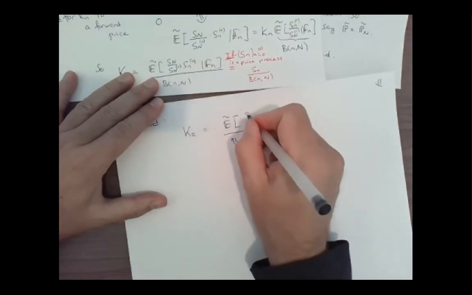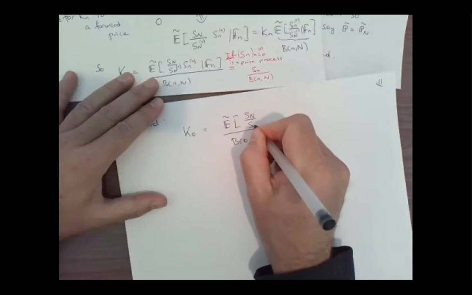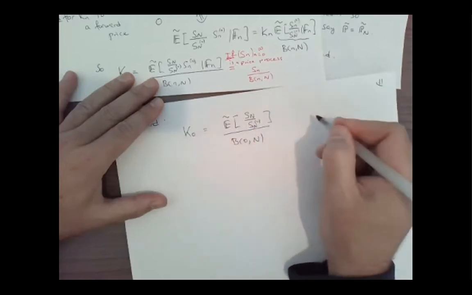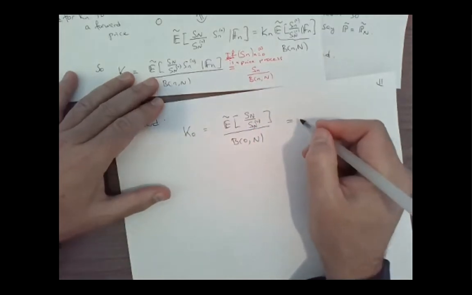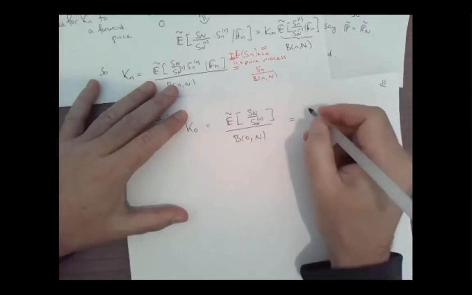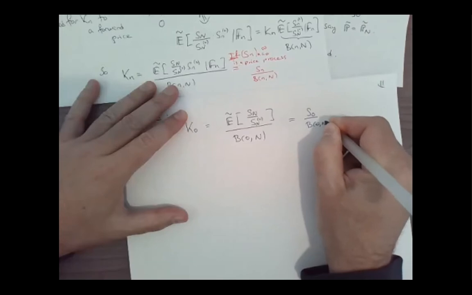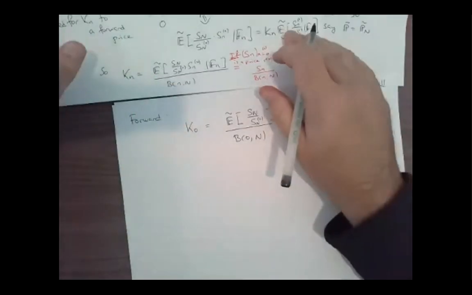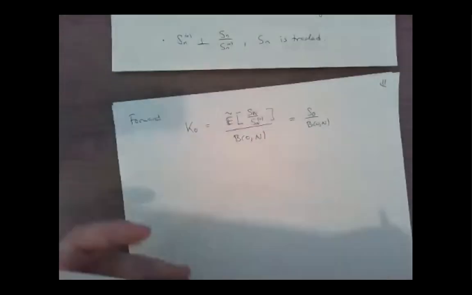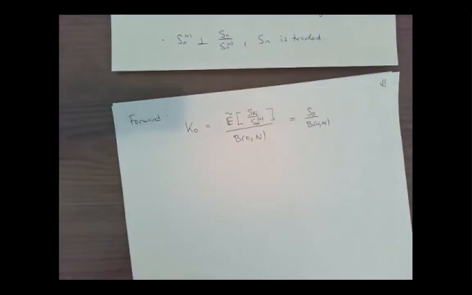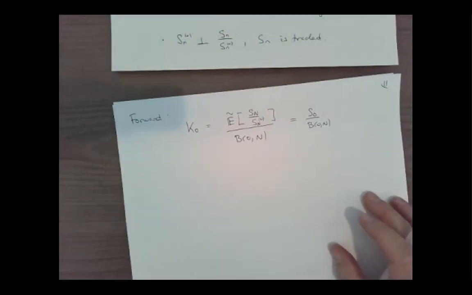So we're just going to get the expectation. And if you want, we can write this out. This is a martingale. So this is just going to be S0 divided by B0 N. This was the forward.